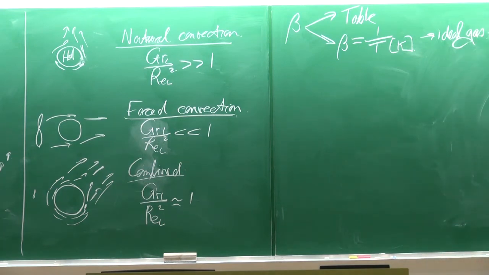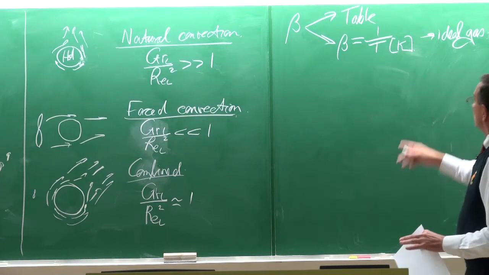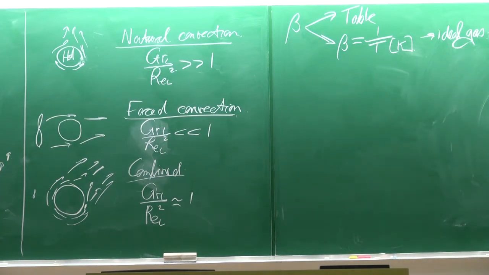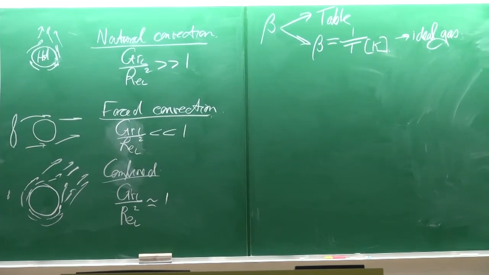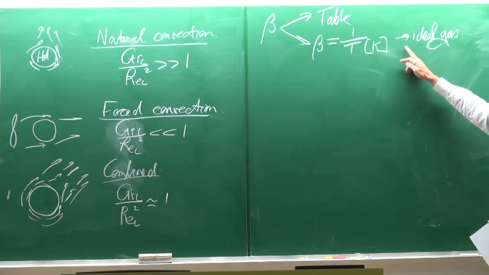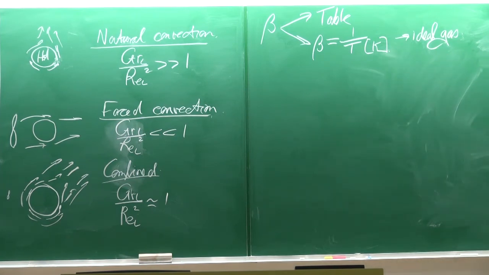Now air is a good example of a fluid that can be considered an ideal gas. Water, no. If it is a liquid, it cannot be considered an ideal gas, or if it is busy with condensation or evaporation. If it is superheated steam, then you can consider it an ideal gas, and then you can get the value of beta from this equation.